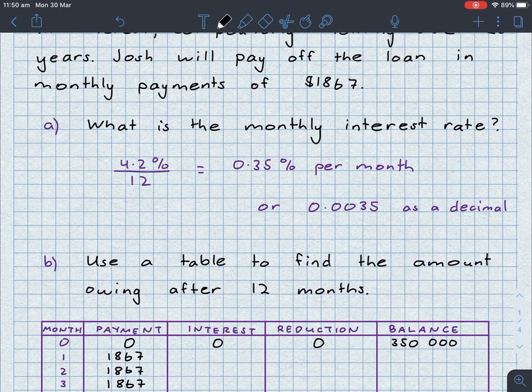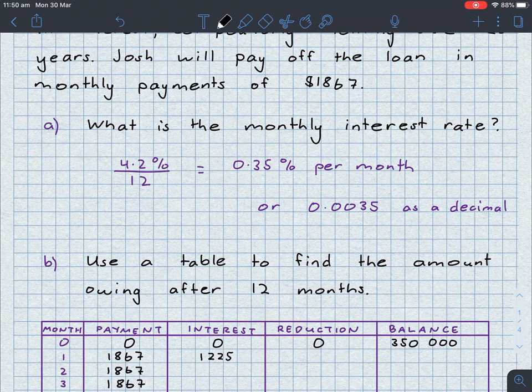So the interest for month 1 will be 0.0035 times by the balance. So in your calculator, you're doing 0.0035 times by $350,000. And that works out to be $1,225 in interest just for that month.